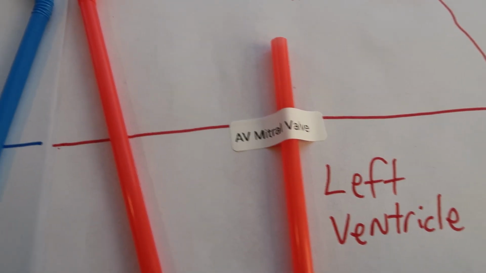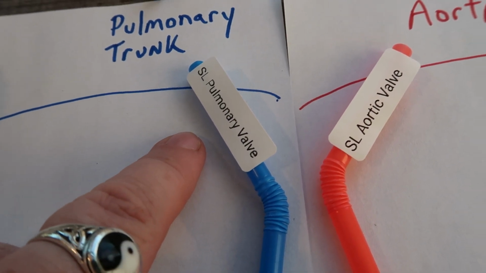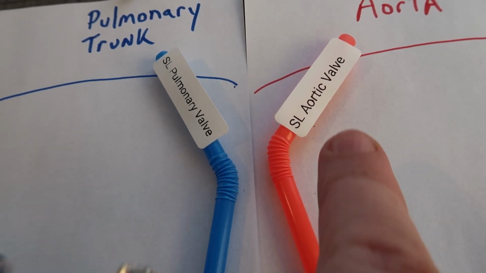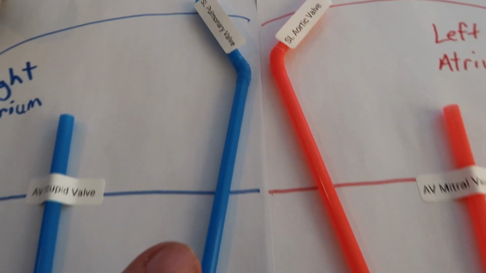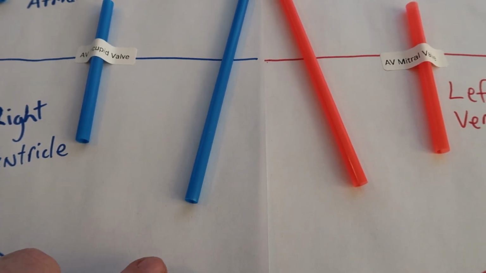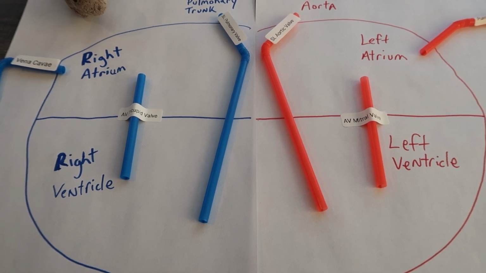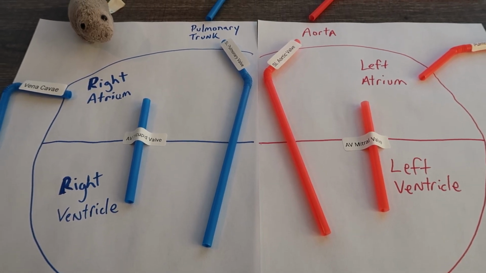Very important. Now the SL valves are pulmonary, hence its name, and aortic or aorta. Those are again the doors that will stop things from leaving or also prevent things from going backwards.